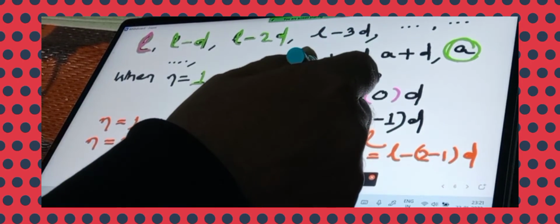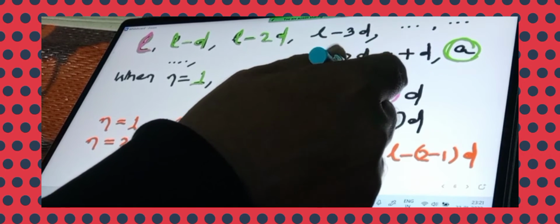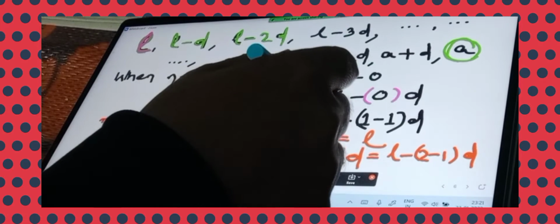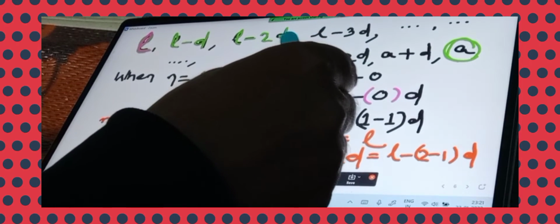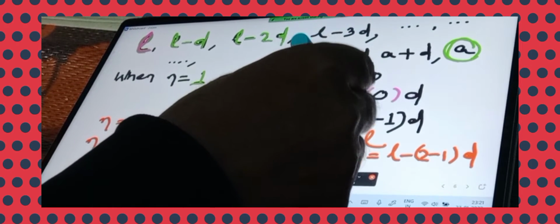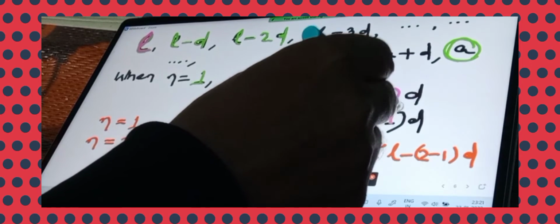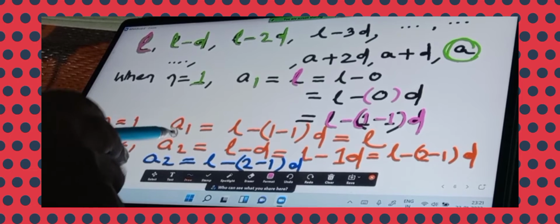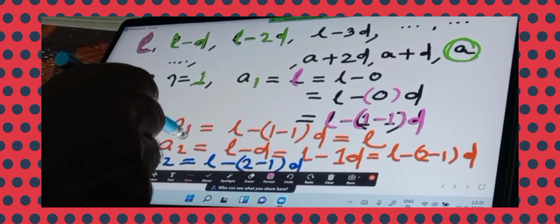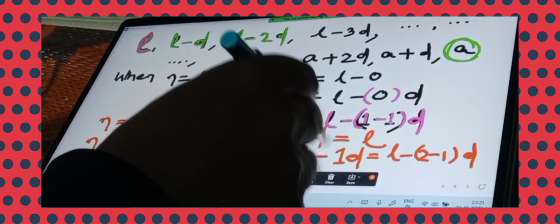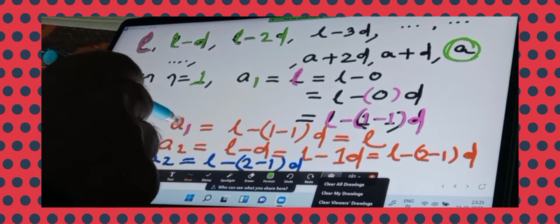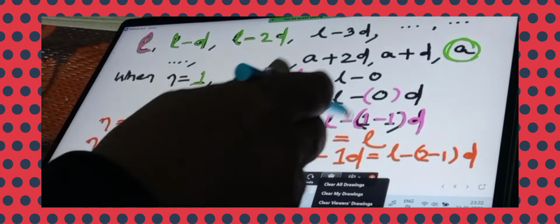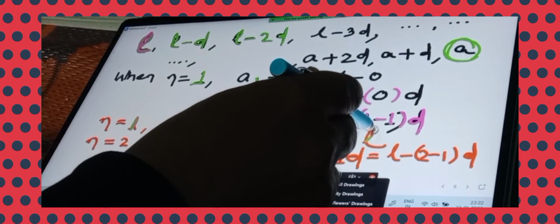So it will be L minus, again 0 can be written as 1 minus 1 into D. So here A1 is equal to L minus 1 minus 1 into D. So when n is equal to 1, we got the first term A1, which is L minus 1 into D, which is L.